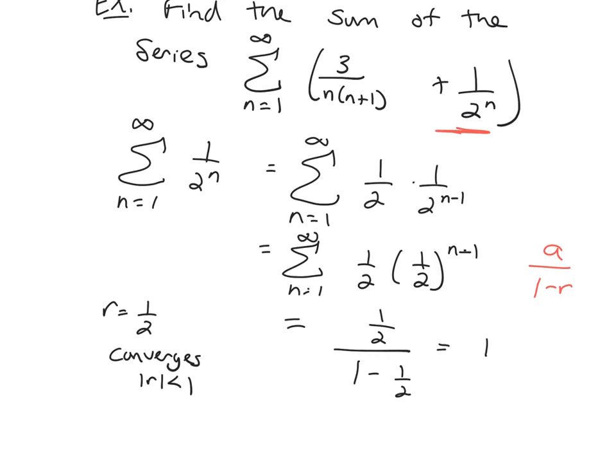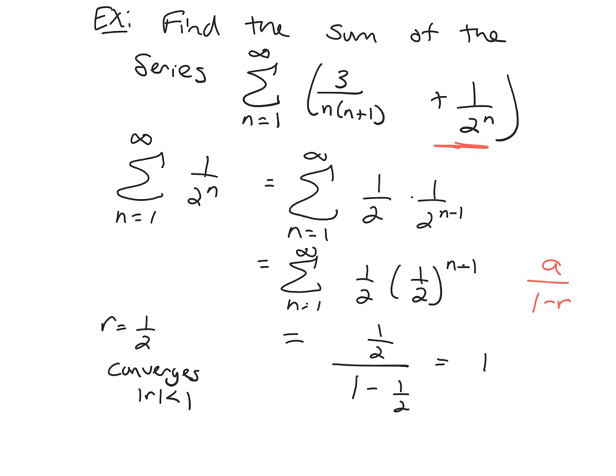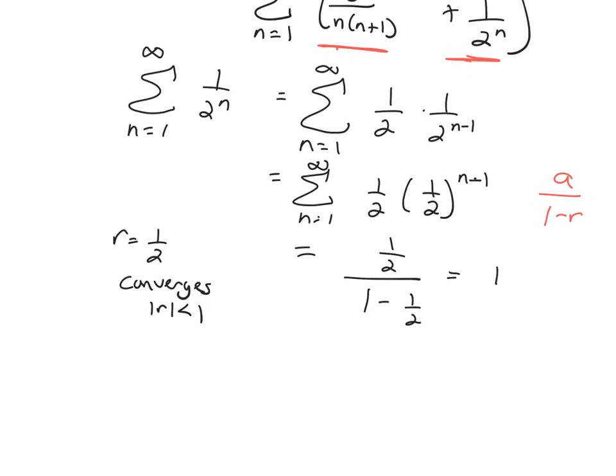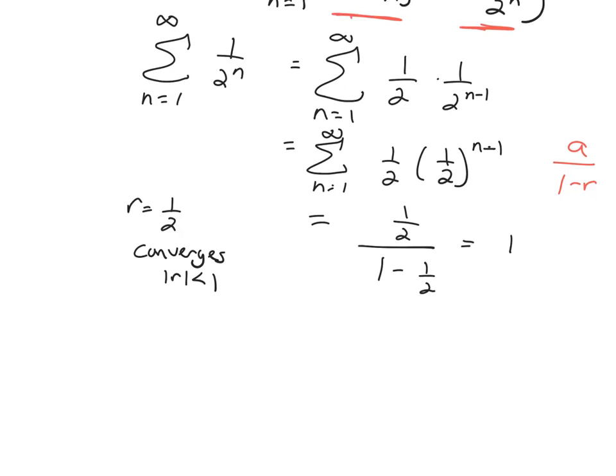So now we need to go back and look at the first piece, without the coefficient of 3 there. If I look at the series 1 over n plus 1, we actually saw that earlier in an example.